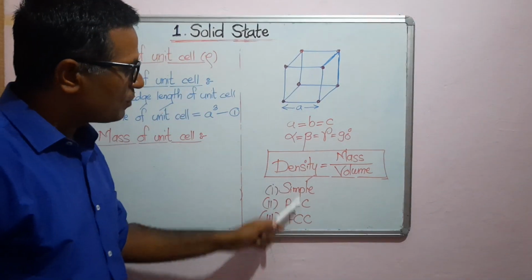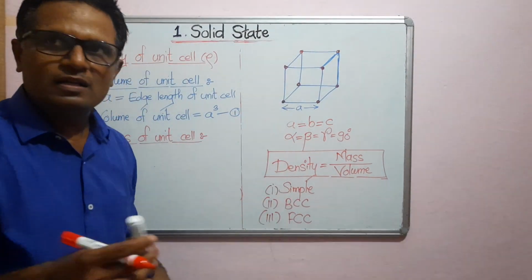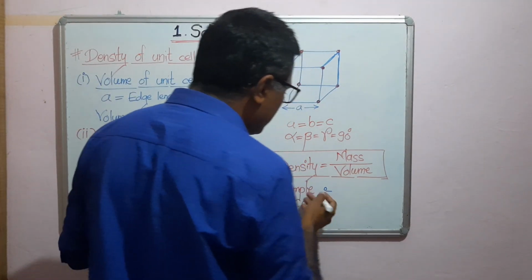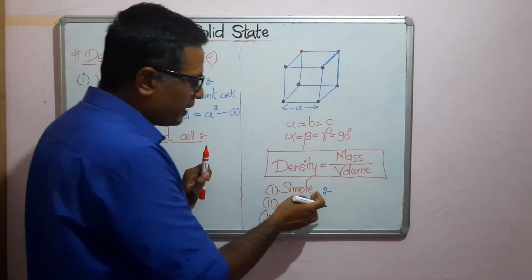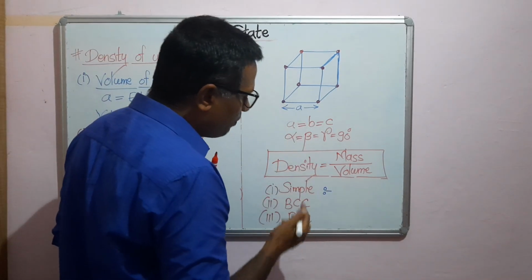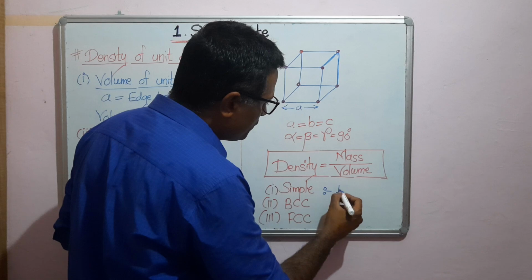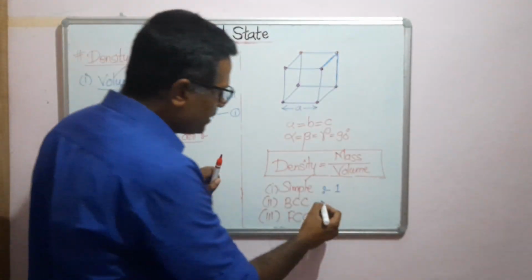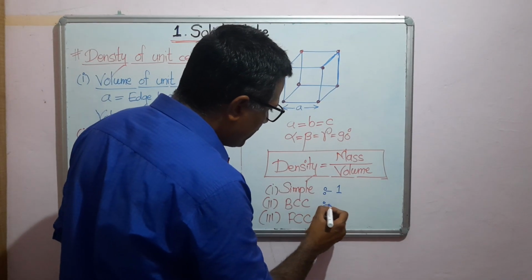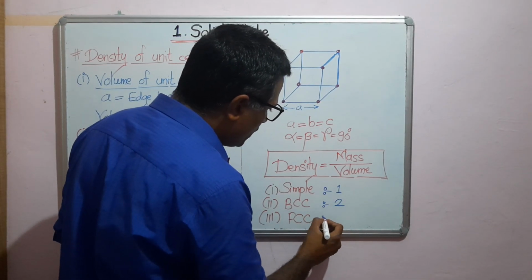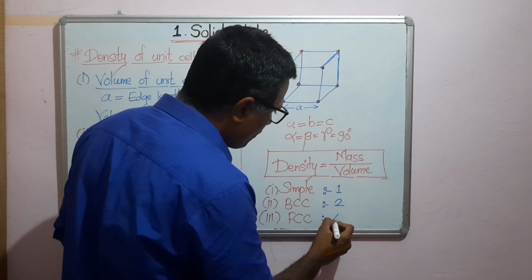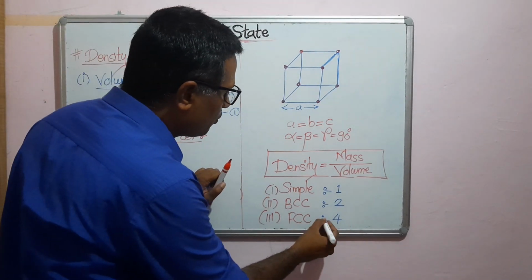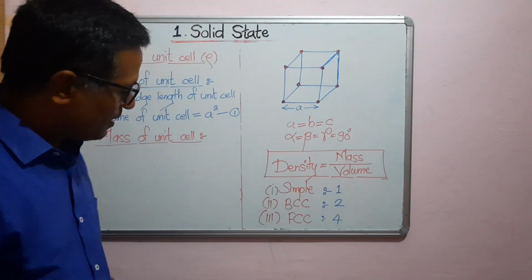As we have previously calculated the number of atoms per unit cell, in case of simple unit cell, the number of atoms per unit cell is equal to 1. In case of BCC, it is equal to 2, and in case of FCC, it is equal to 4. That means there are 4 atoms in FCC.